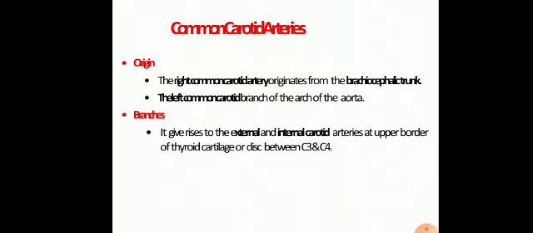From its name, the common carotid artery is divided into two arteries, internal and external carotid artery, at the level of the upper border of the thyroid cartilage, or the disc between the third and fourth cervical vertebrae.